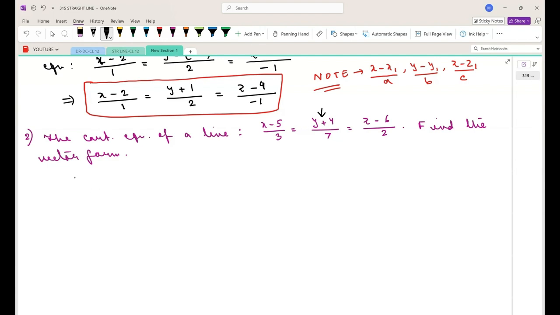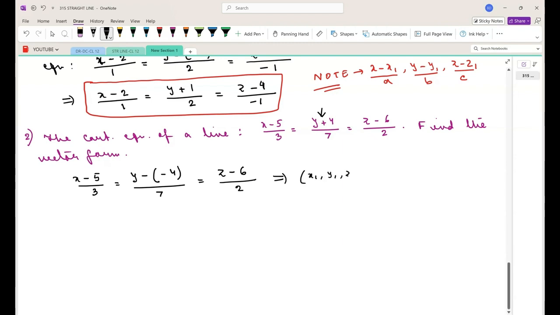So let's rewrite this: (x minus x1) by a, (y minus y1) by b, (z minus z1) by c. Once you write it in the standard form, you know that your x1, y1, z1 is 5, minus 4 and 6, and your direction ratios a, b, c are 3, 7 and 2.